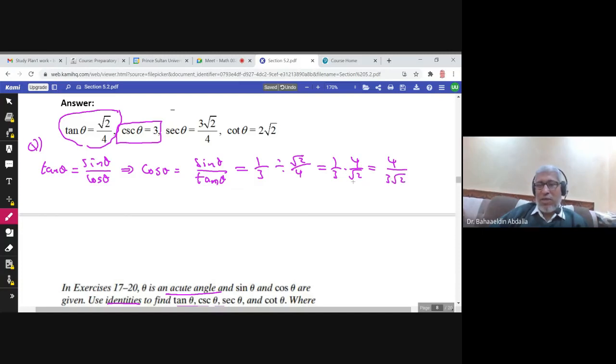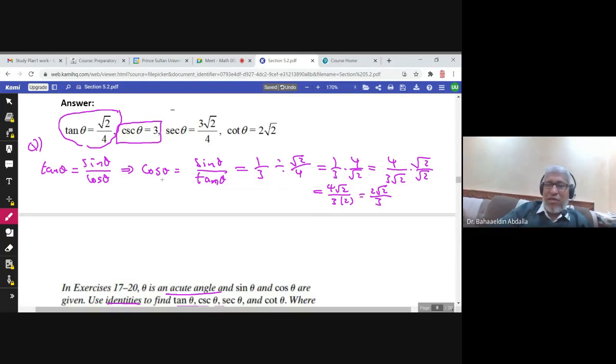This would be cosine theta. If you multiply by square root of 2 over square root of 2 to rationalize the denominator, you will have 4 times square root of 2 over 3 times 2. But then you can cancel 4 with 2 to have 2 square root of 2 over 3. So this would be cosine theta.